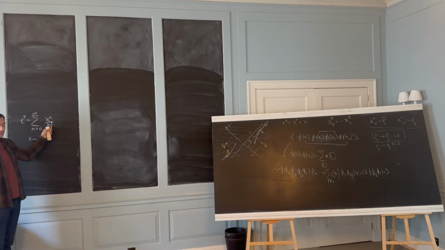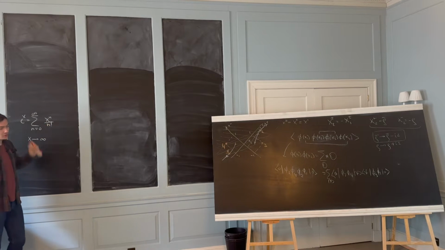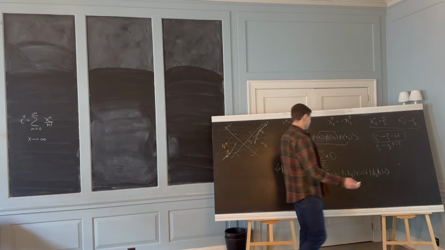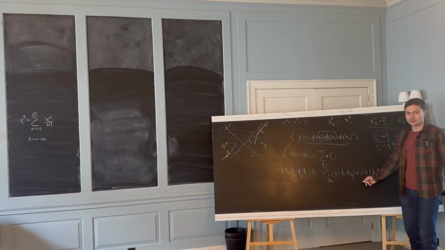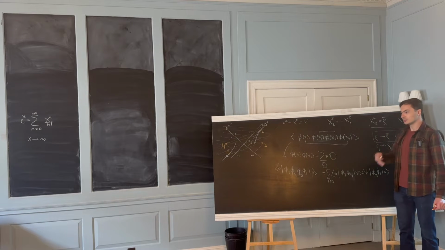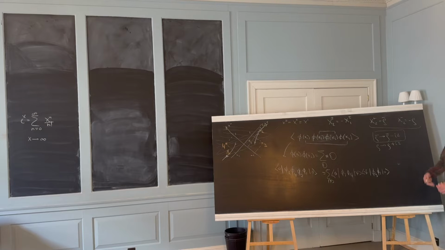And here you at least have a formula for every term. In the conformal block expansion, in a general CFT, we don't really know the specific terms here, and we would require a lot of knowledge about them.